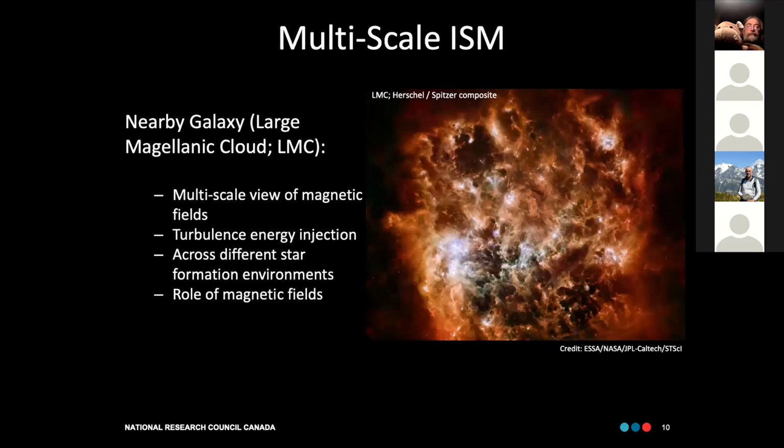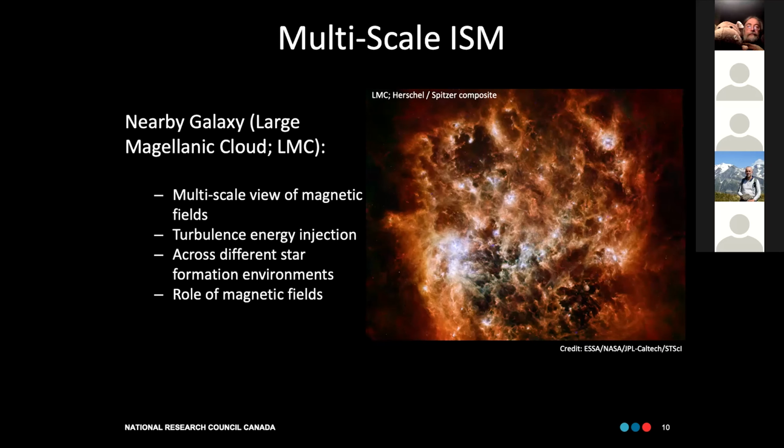So for exploring turbulence, other than Pyxis, we also aim to look at the Large Magellanic Cloud, which is a satellite galaxy of our own galaxy, and provides a multi-scale view of turbulence and also magnetic field in star-forming regions as we go from larger to smaller scales.